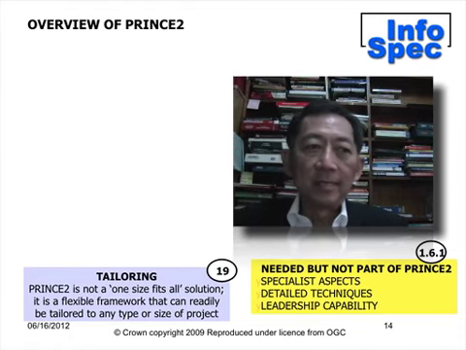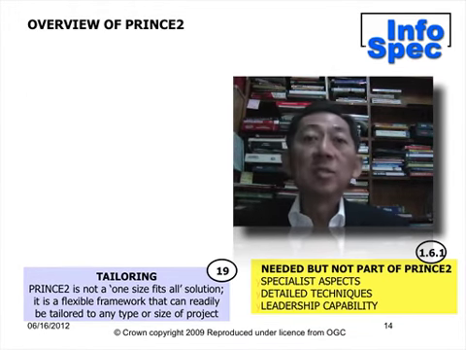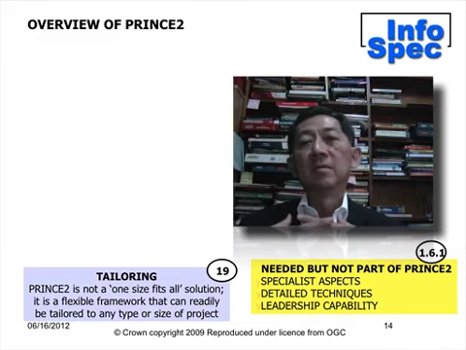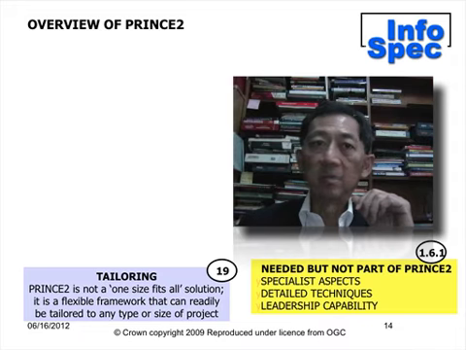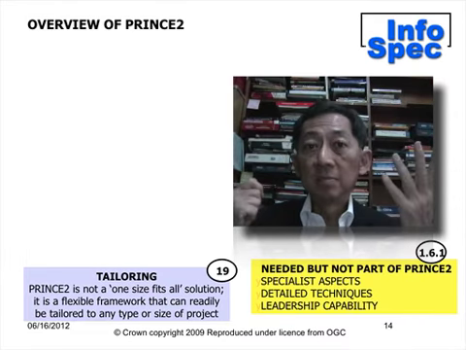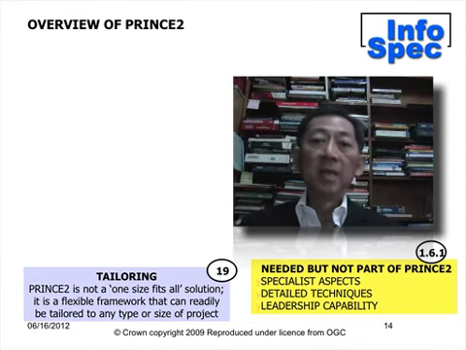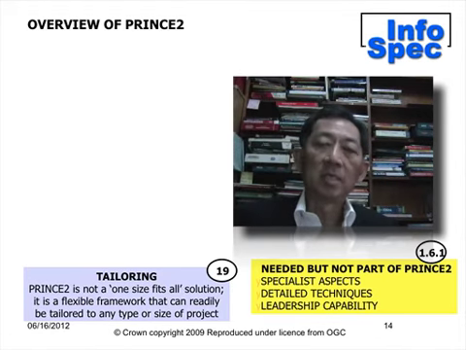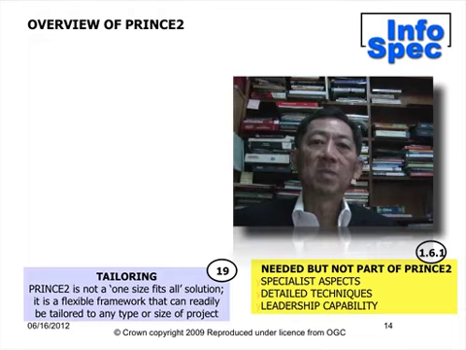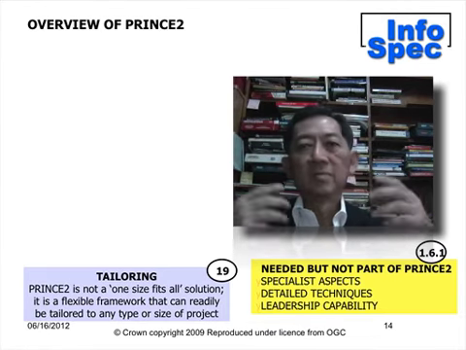The other thing that Prince2 doesn't address is the soft skills, like how you deal with people, negotiation skills, very important in running projects, and leadership skills, how you lead a group of people. Those things are extremely important in any project. However, Prince2 doesn't try to specify those things.